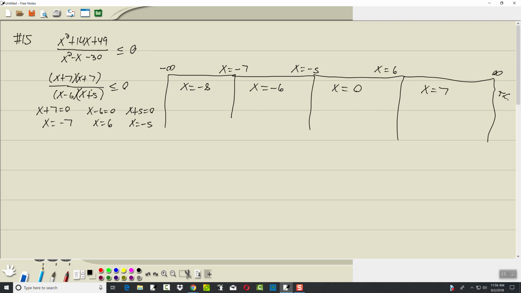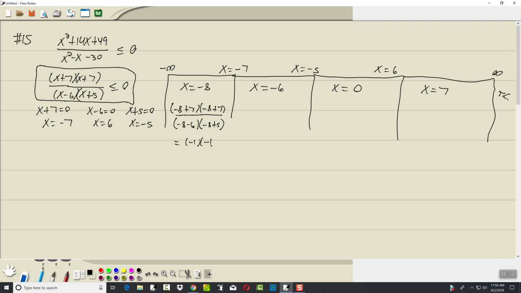Now we want to plug these into our inequality. Now I'm going to pick this one because this is a little bit simpler than this. Okay, so if I plug in negative 8 for the x, we're going to have negative 8 plus 7 times negative 8 plus 7. And we'll have negative 8 minus 6 and negative 8 plus 5. Negative 8 plus 7 is negative 1.